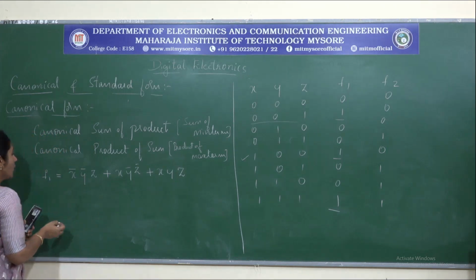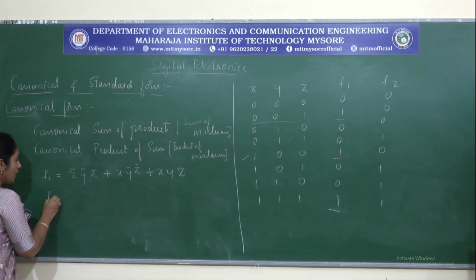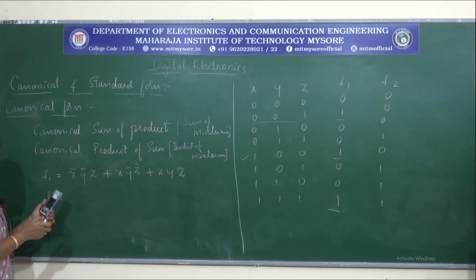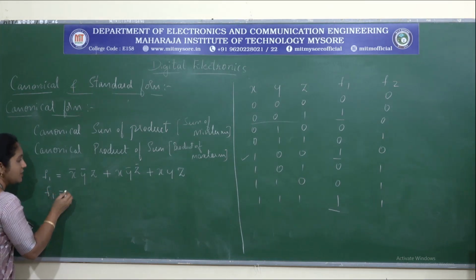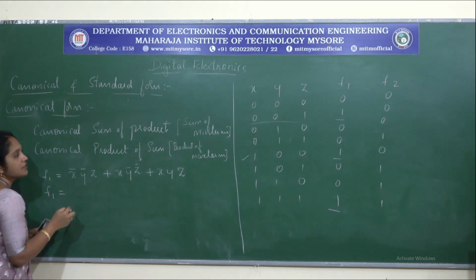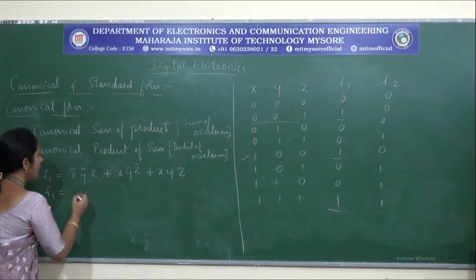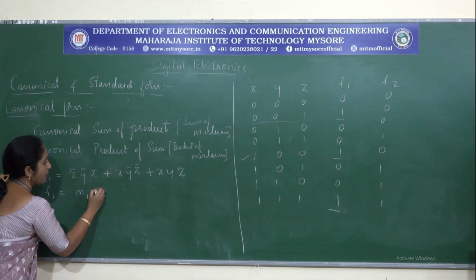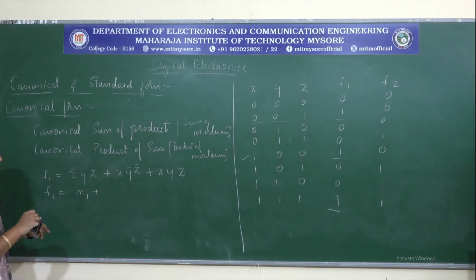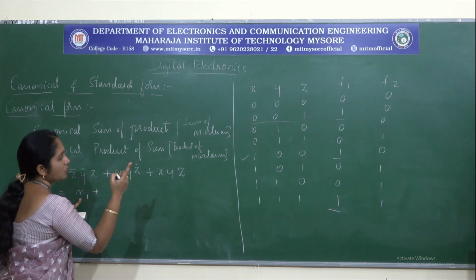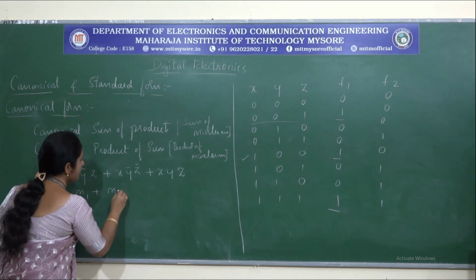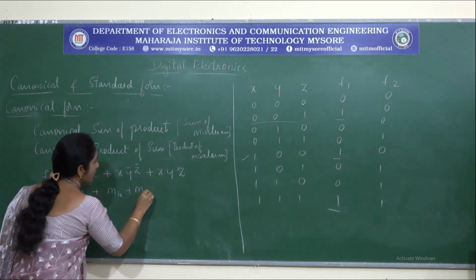Next, as I said, I am going to write both using minterm and maxterm, and using the symbols this can be expressed as M1. If you want, you can refer to the previous table I gave. So this is M1. Next we have M4. Last one is M7.